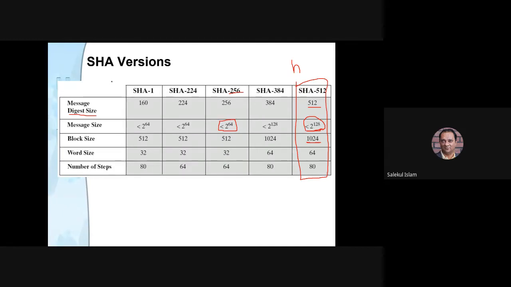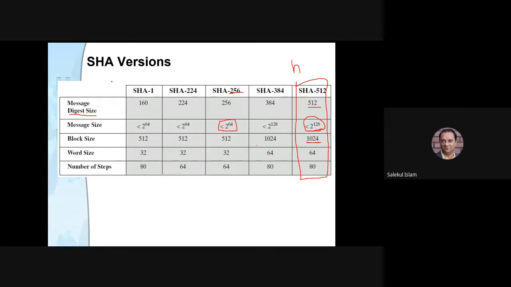At that time it was enough that the maximum message length would be 2 to the power 64 bits. But now they have increased it to 2 to the power 128 bits, and this is a very long message, remember that. But even then we have some limitations. We cannot send an arbitrary message. This is the maximum length.